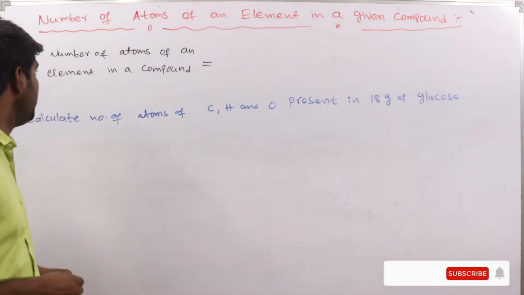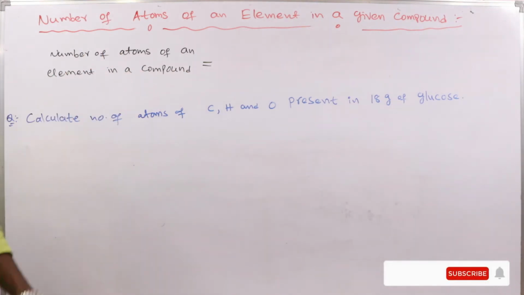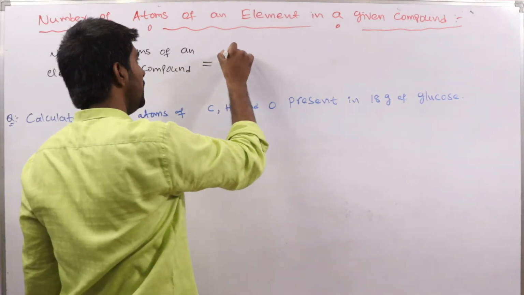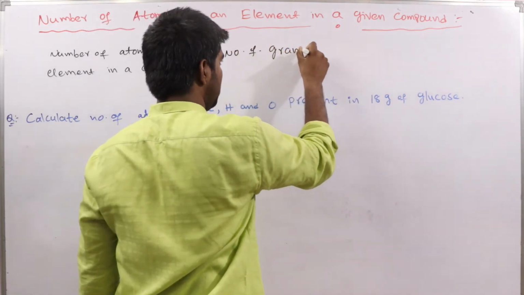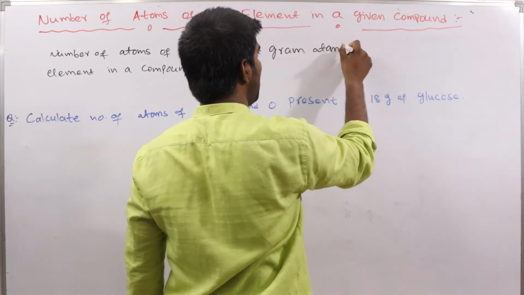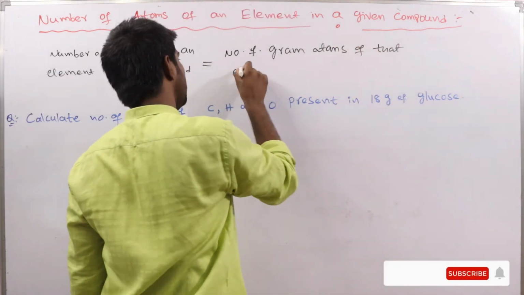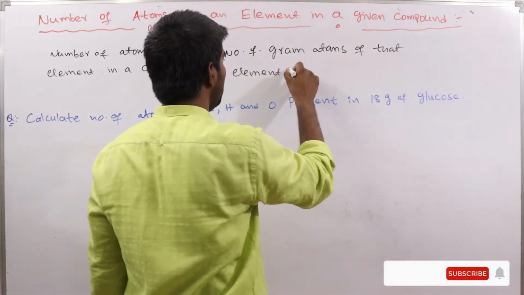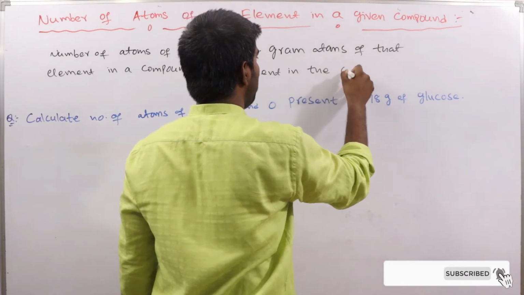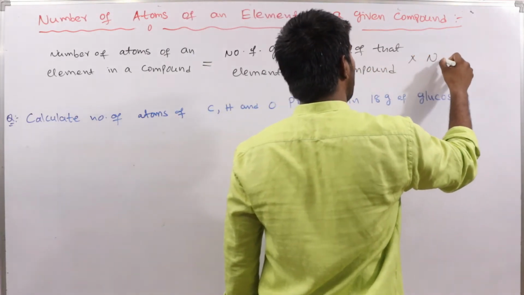Here, the number of atoms of an element in a given compound is equal to the number of gram atoms of that element in the compound into Avogadro number.